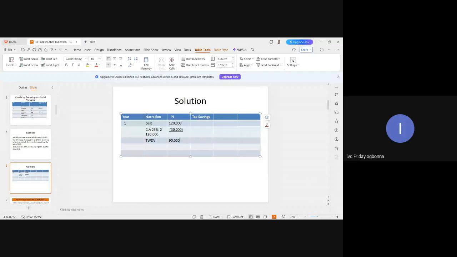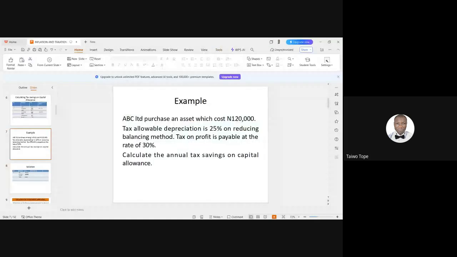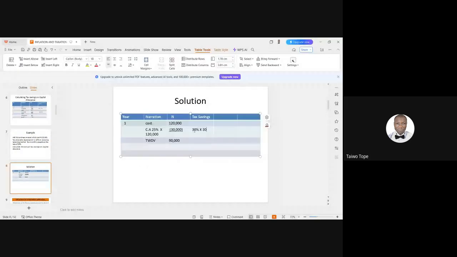As at year 1, what will be your tax savings? 9,000. In the question, we have 30%: tax on profit is payable at the rate of 30%. So our tax rate is 30%, 30% of 30,000, the capital allowance, gives your tax savings, which is 9,000.